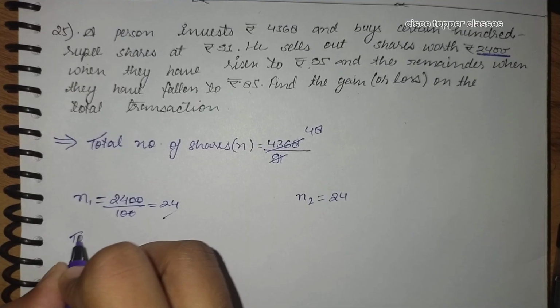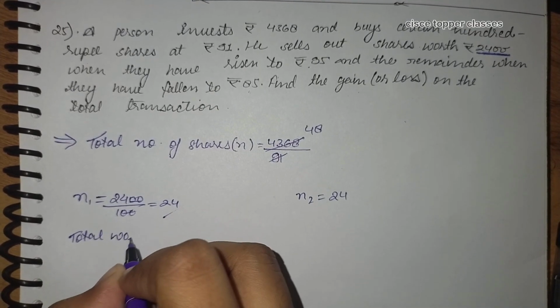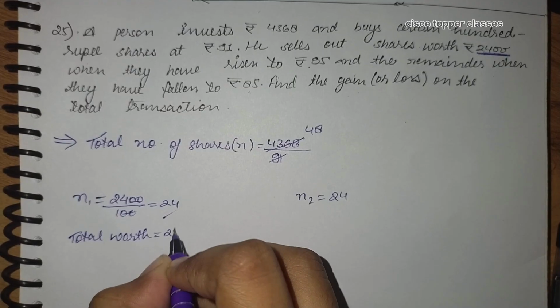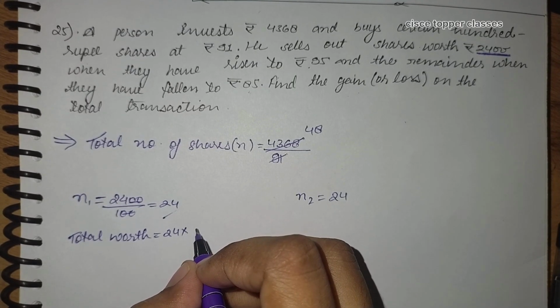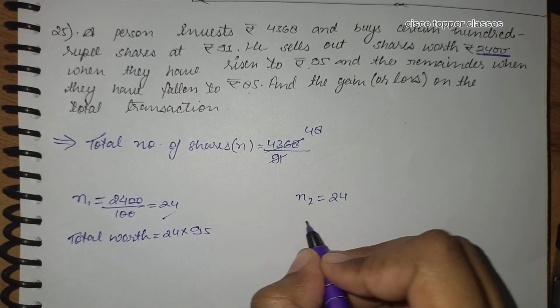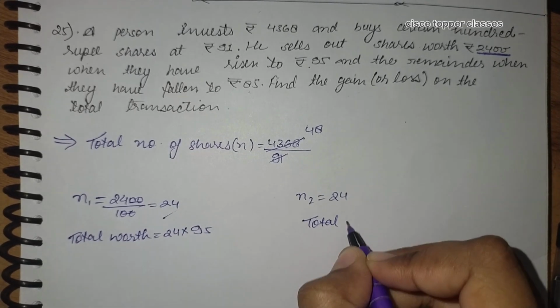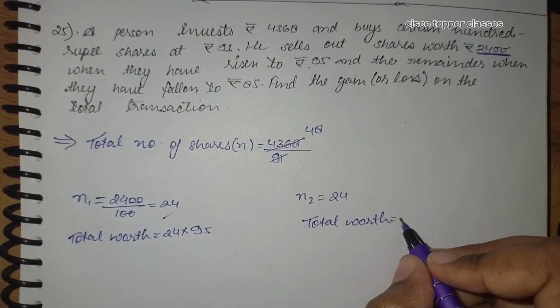So the total worth of the transaction will be 24 into 95, and 24 into 85, so that we can find the gain or loss.